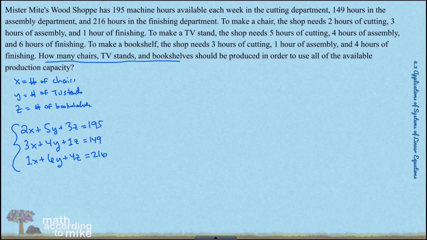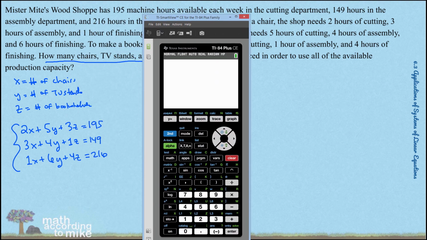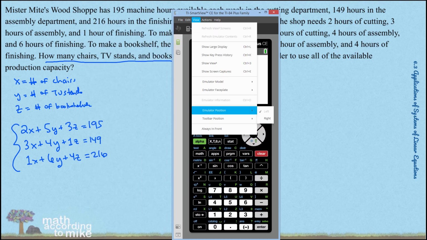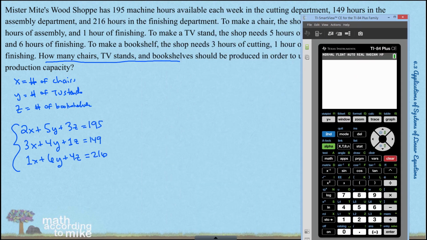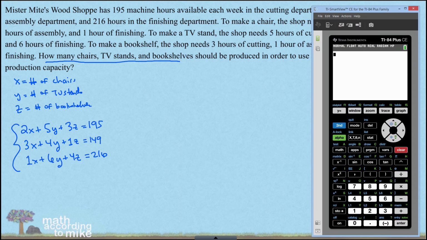Excellent. Well, unlike the previous ones where we did Gauss-Jordan by hand, we're now going to do Gauss-Jordan via the calculator. So bust out your calculators. Oh, in fact, let's set up the matrix first. Let me turn that on. All right. We will need a 3x4 matrix here.